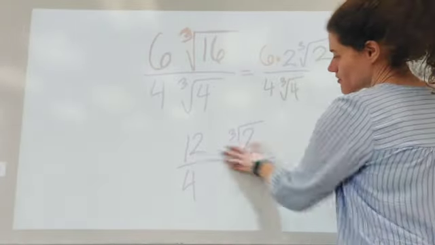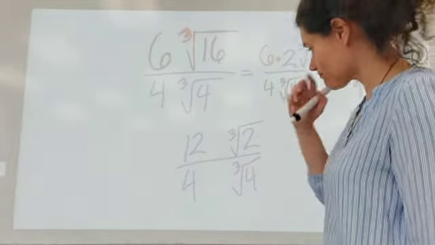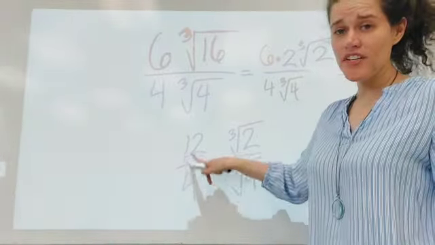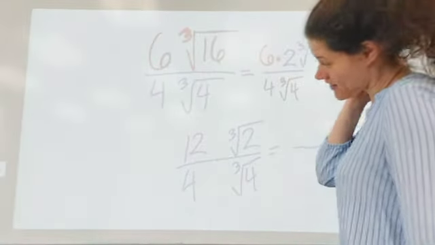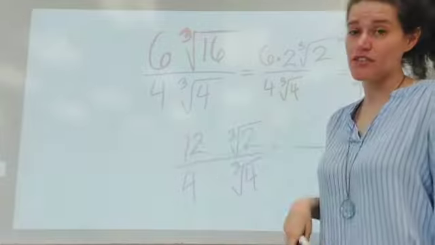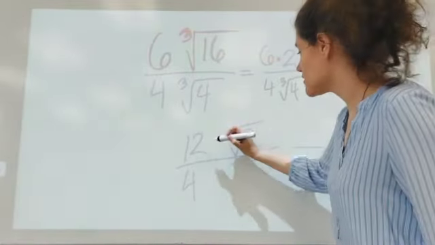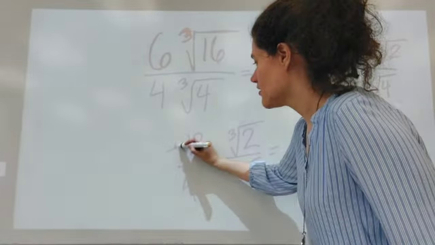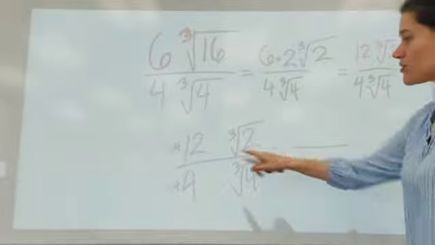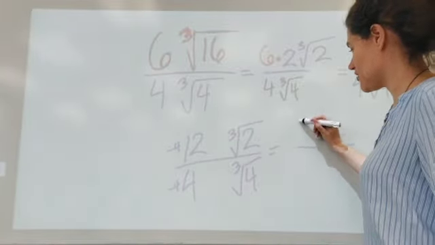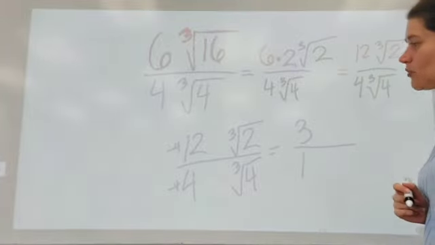So even though these are multiplying together, we do just want to treat them separately. So this 12 and this 4, when we simplify that, 12 is divisible by 4. So 12 divided by 4 gives me 3. 4 divided by 4 gives me 1.